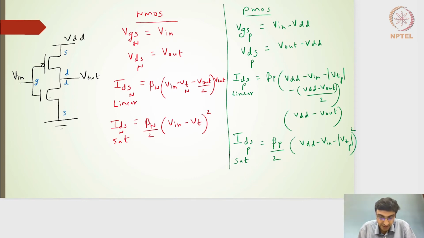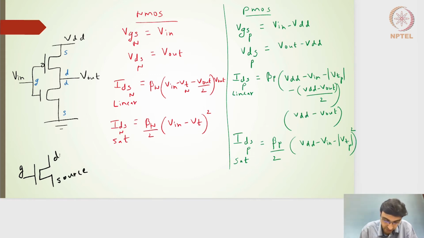So let's pick the NMOS transistor and try to label this. I have this NMOS transistor where I need to define the gate, and I need to define which one is the source, which can be represented as S, and then I need to define the drain.